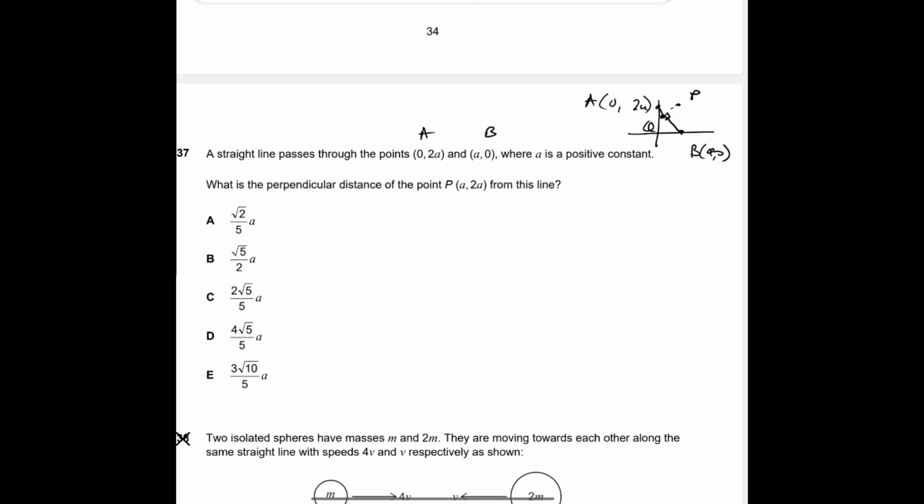So this is what I'm going to do. I'm going to find the vector PQ, and I'm going to find the vector AB. And from that, I can find the gradients of those two lines, and because they're perpendicular, when they multiply together, it's going to be minus 1. So let's first find OQ.